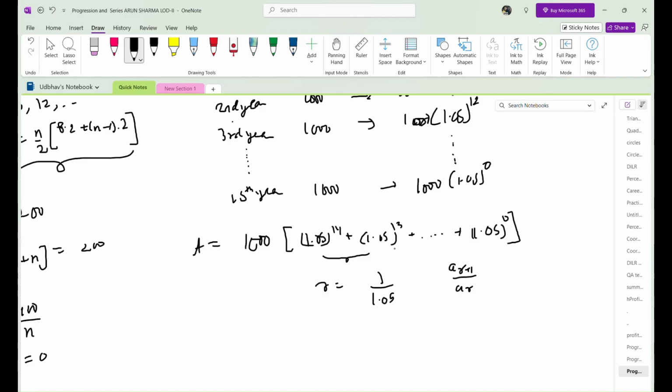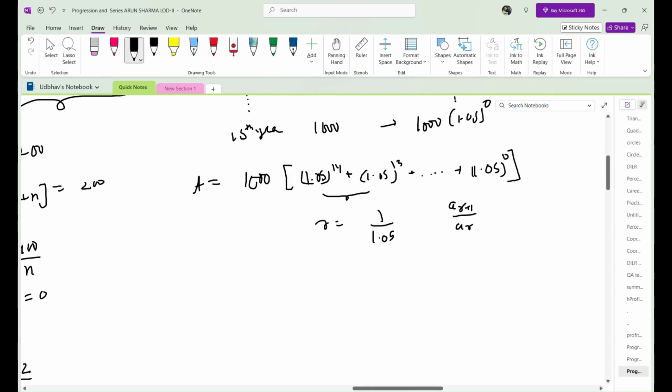So power 13 will be in the numerator and power 14 will be in the denominator. So power 1 will be left in the denominator and the numerator will be 1. And what's the first term? 1.05 to the power 14. So if we solve this, we'll get 1 upon 1.05.